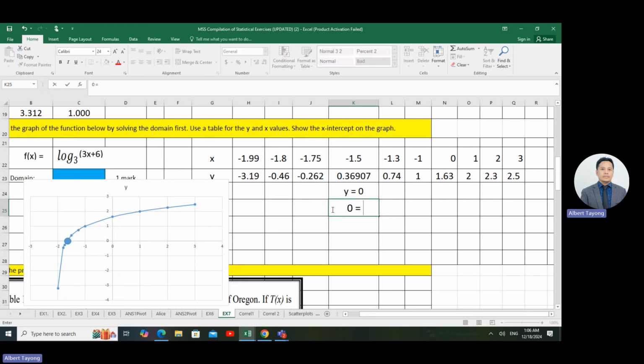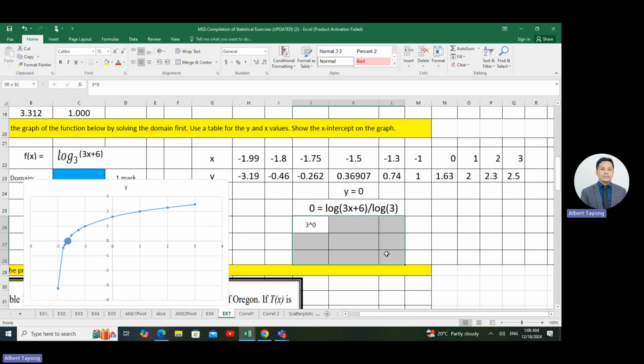0 equals log of 3x plus 6 over log of 3. Okay? So we change our y to 0, or f of x is equal to 0, and we delete the log. These logs will be deleted. The remaining is 3. So we have to raise this one to the power of whatever is the number on the right.